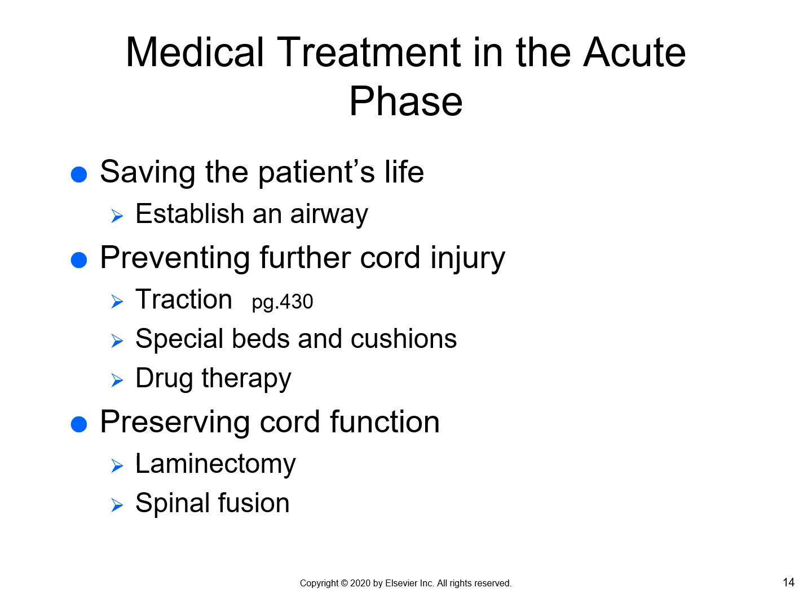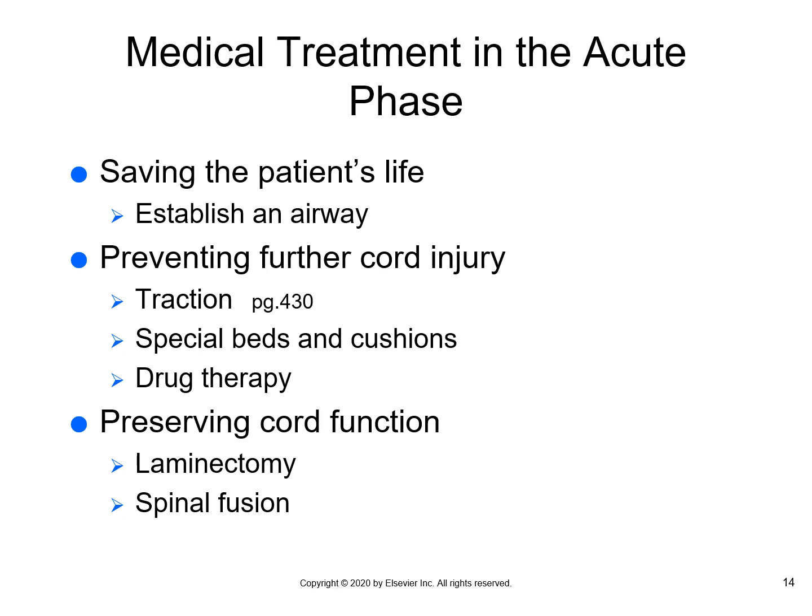Okay, and then we want to prevent further cord injury. On page 430, look at the picture in figure 24.6. This is a sample of what we call a traction. A traction helps to immobilize the spine of the patient, because you don't want them moving around, because if they do, they might have further cord injury.